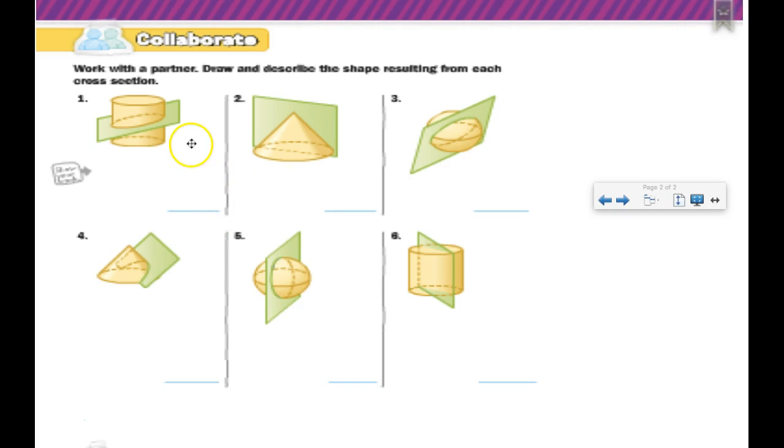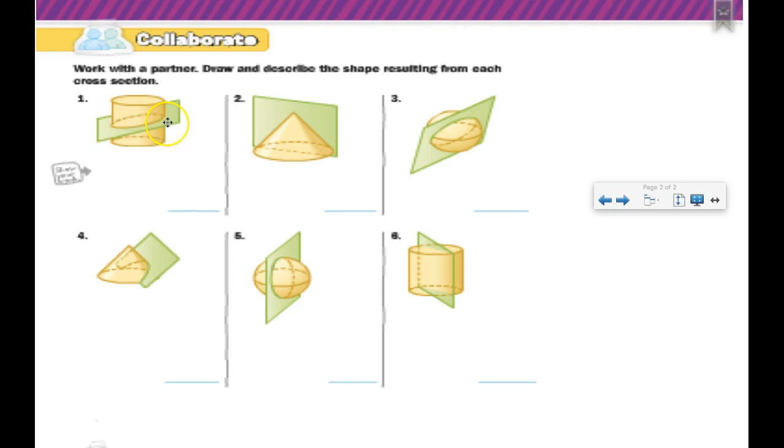Okay, so if you want to think of that kind of interesting far out example, you get the idea. At any rate, the difference between this cross-section and the one from the previous page is the angle at which I'm being cross-sectioned. On the other side, I cut through completely perpendicular to the height of the cylinder. By perpendicular, obviously, I mean it goes straight across and makes a 90-degree angle with the height. This is not perpendicular, right?